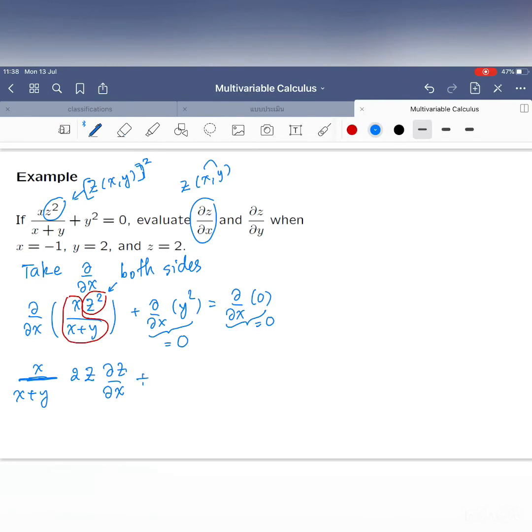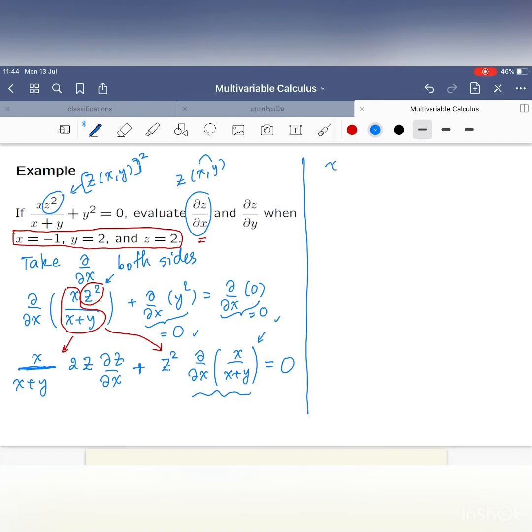Then this is the first times the derivative of the second, and then the second, which is z square, times the derivative of the first, which is what, a quotient rule, right. This one is already 0 and 0, so we just stop it here. So here is the contribution from the first term, the first times the derivative of the second plus the second times the derivative of the first. So you continue further to calculate this one.